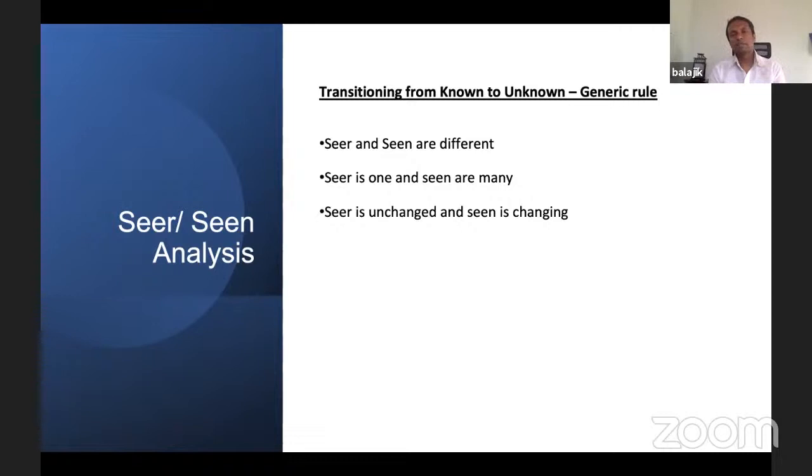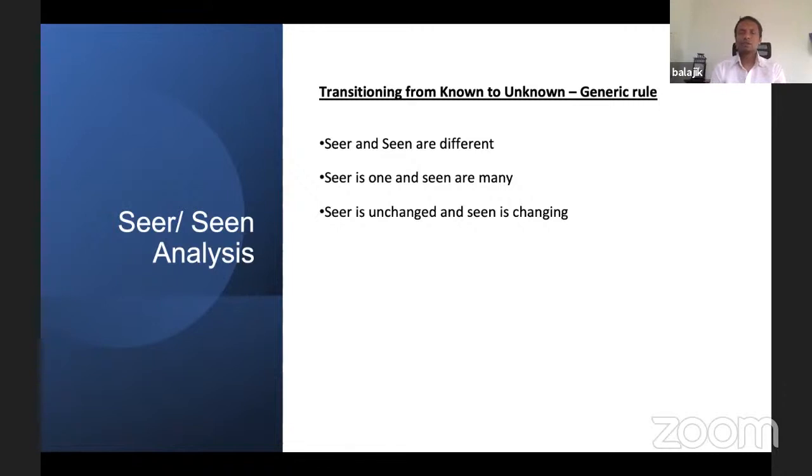What this really means is whatever I am seeing outside the window is not the same as what it used to be a couple of weeks back, or even a couple of months back, right? Things seem to change. The furniture was looking different before, but now it is different. But the seer remains constant. That is what is meant by seer is unchanged and seen is changing.